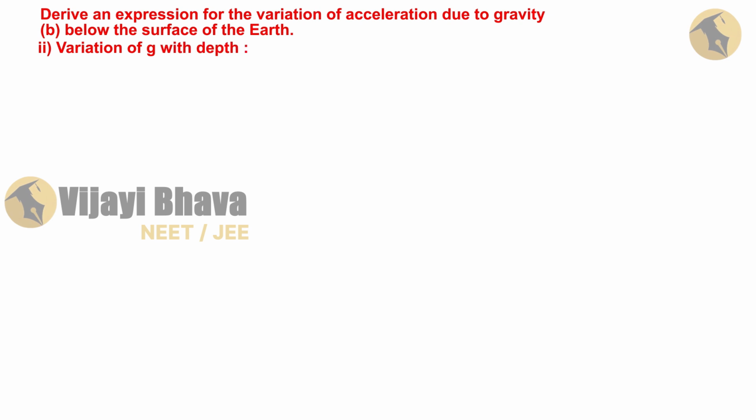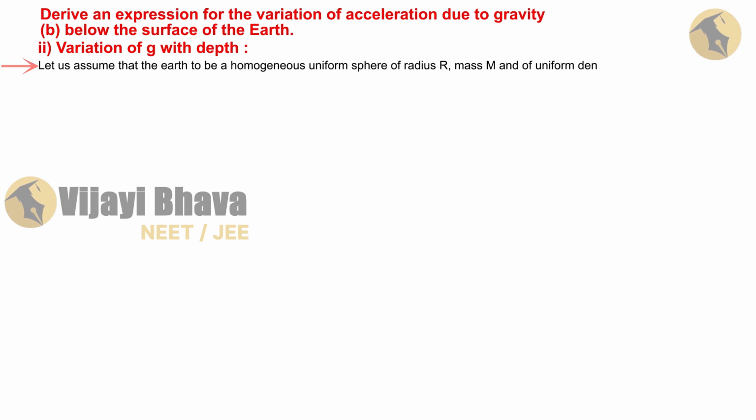Let us learn how the acceleration due to gravity changes with the depth. Let us assume the Earth to be a homogeneous uniform sphere of radius R, mass M, and of uniform density ρ. We know that acceleration due to gravity small g is equal to GM by R square.